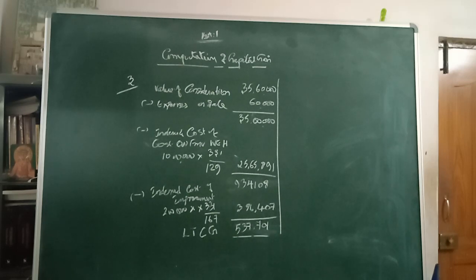For example, the nature of the asset here is a house. If the amount is invested in the purchase of another house within the notified period, then to that extent you can avoid the tax. All those things will be discussed in the forthcoming classes.